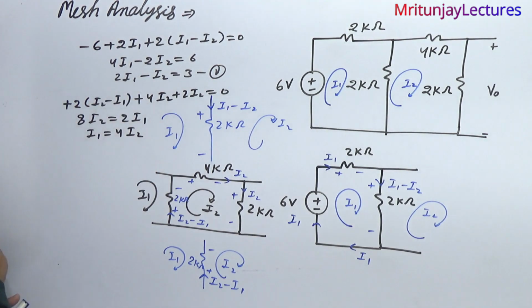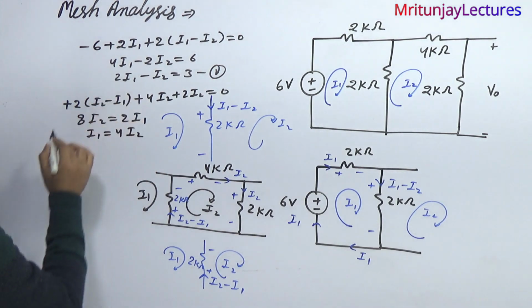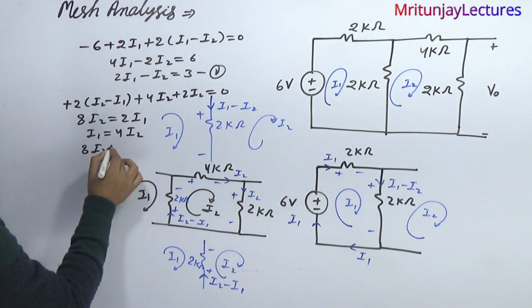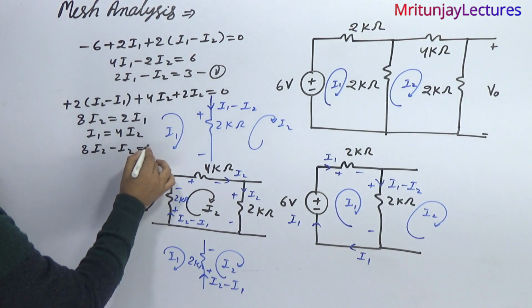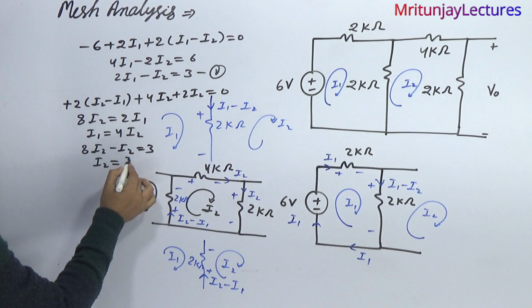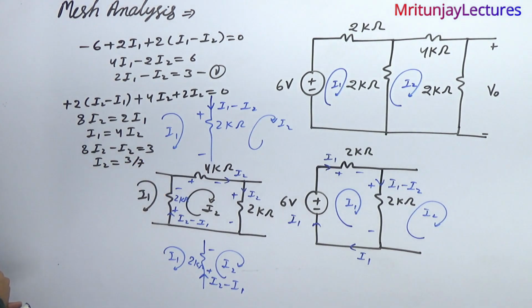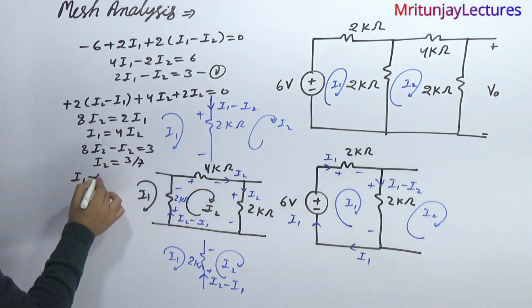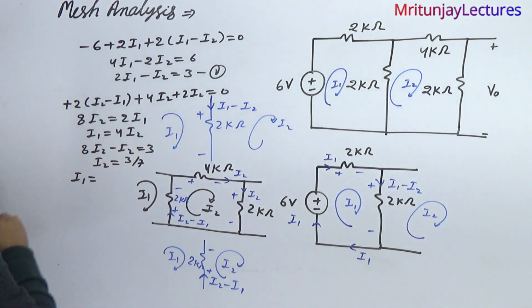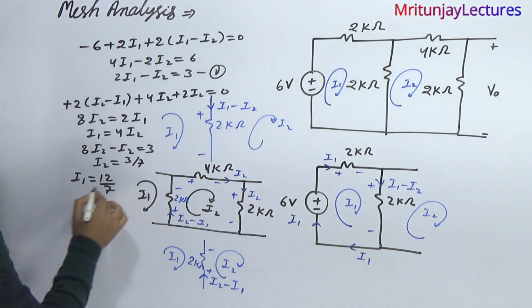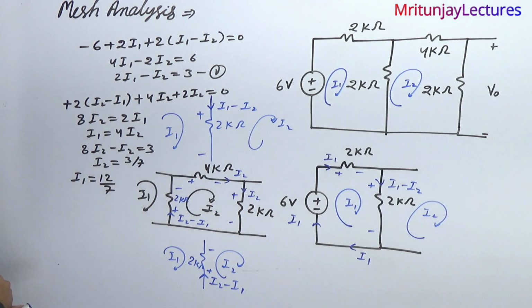If this value is put here, 4 into 2 is 8, 8 I2 minus I2, this will be equal to 3. So I2 is 3 by 7. If this value is put here, then we get I1.